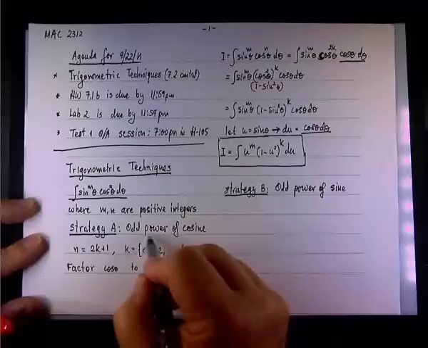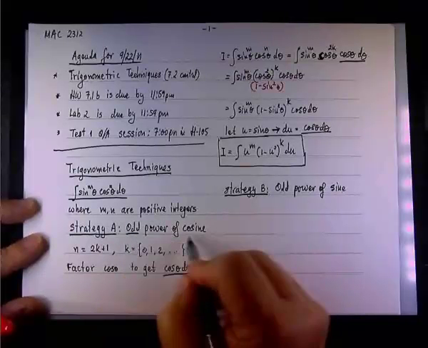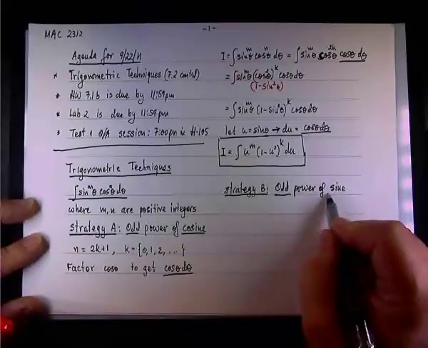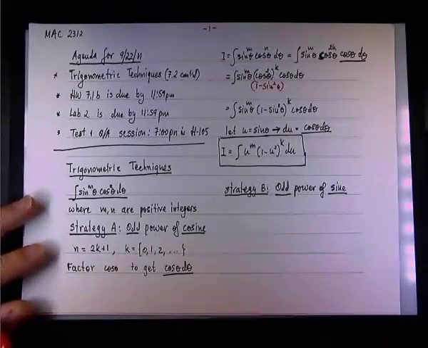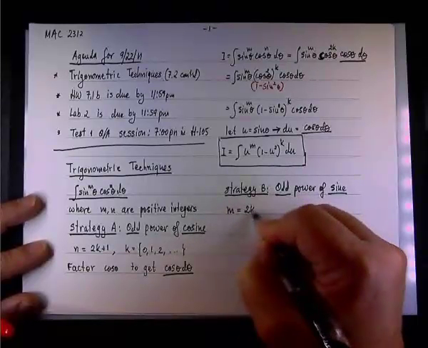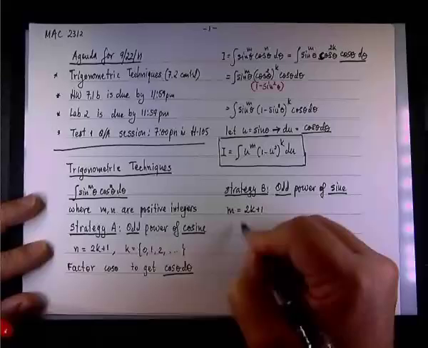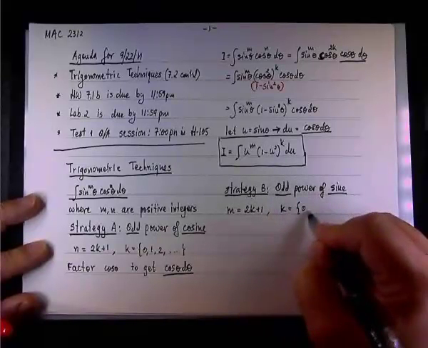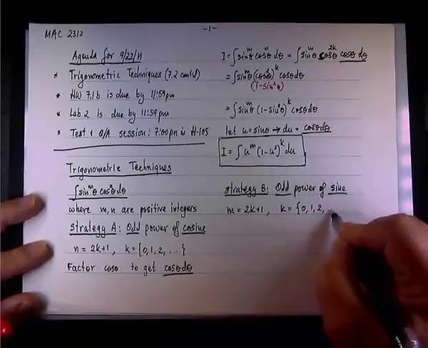So here we had odd power of the cosine, and here we have odd power of the sine. So we are looking at m equals 2k plus 1, and k is 0, 1, 2, and so on.